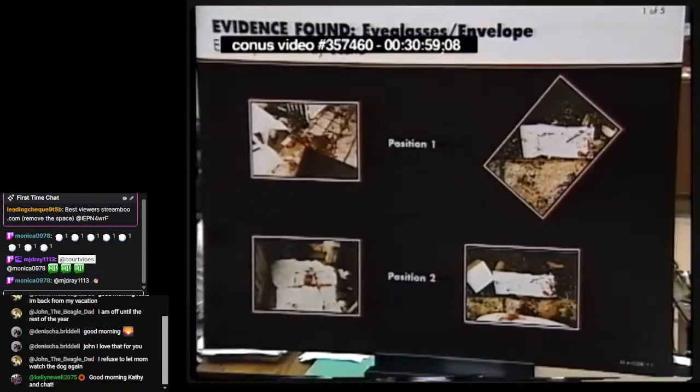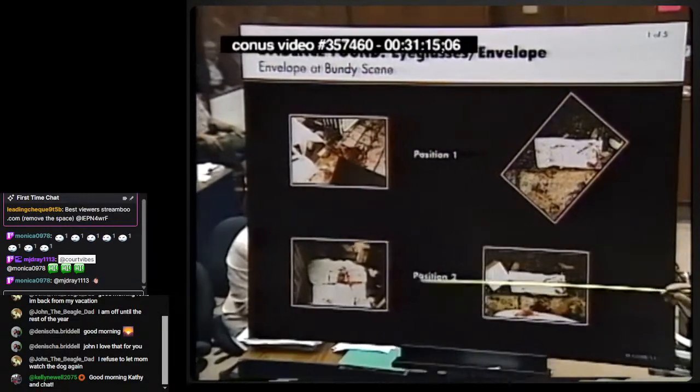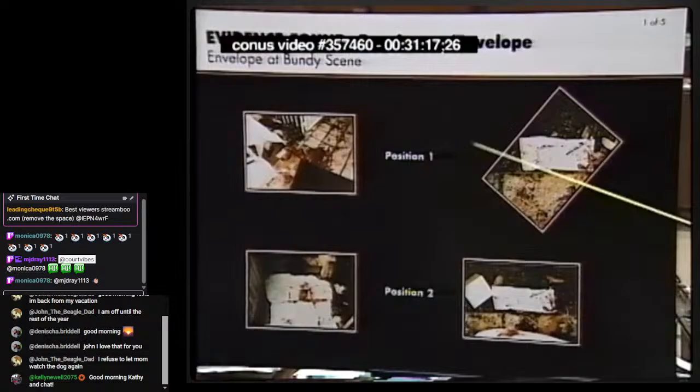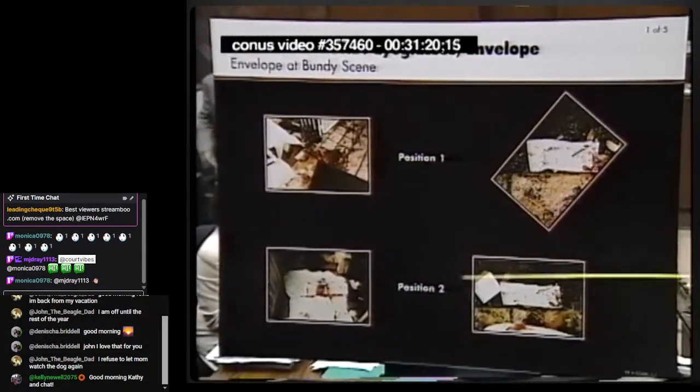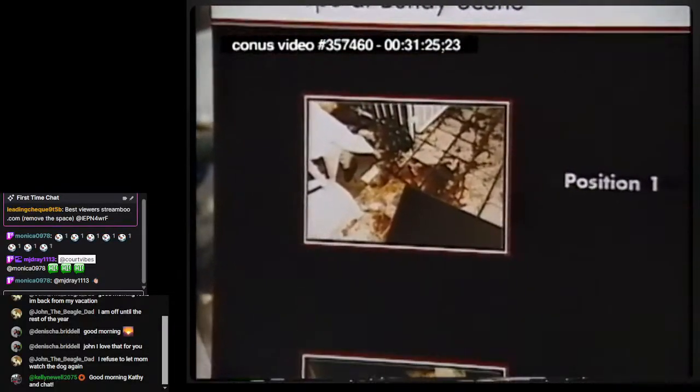Dr. Lee, could you describe for us these photographs and the meaning of the two indications of position 1 and position 2? Yes. This board is actually a composite of 4 different pictures. These 4 different pictures can be divided into 2 groups.